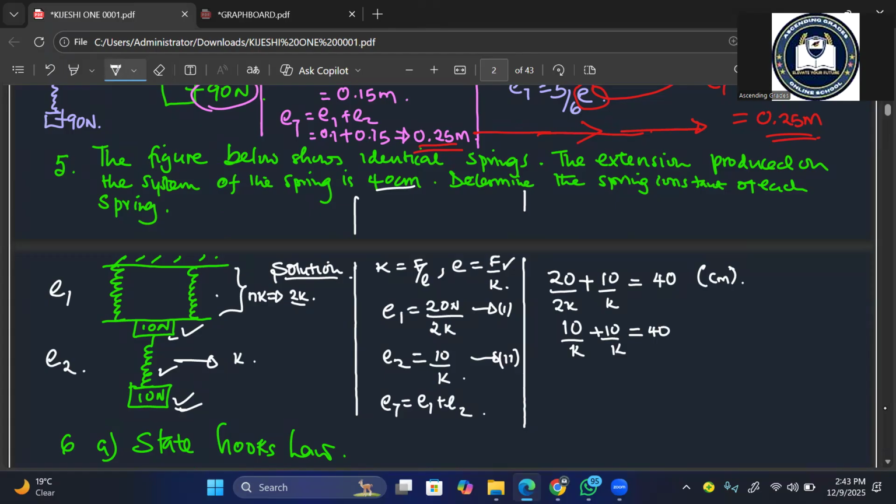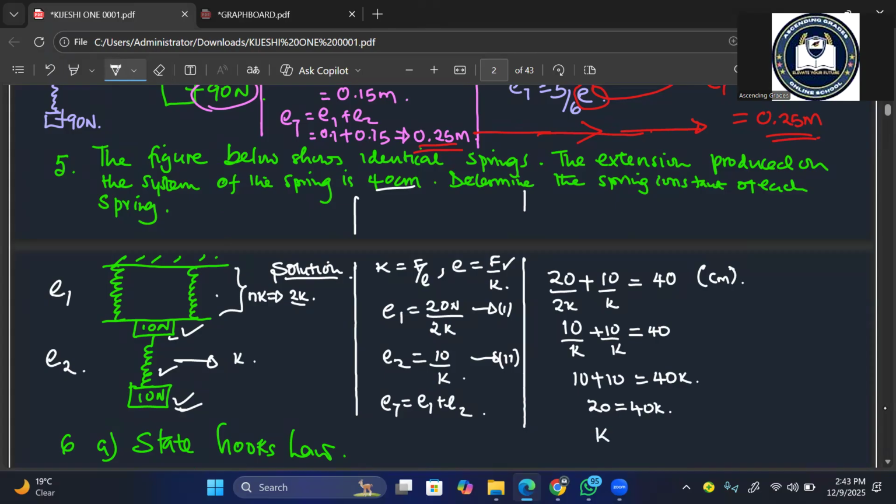You remove the K's here by multiplying across by K. So you have 10 plus 10 is equal to 40K. This will be 20 is equal to 40K.